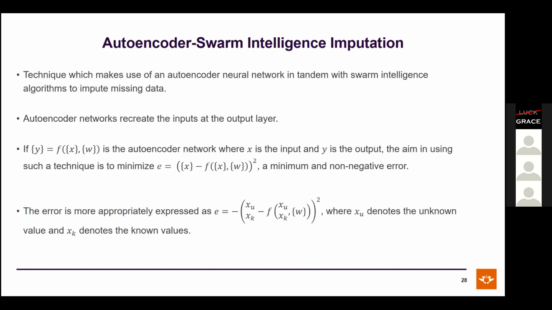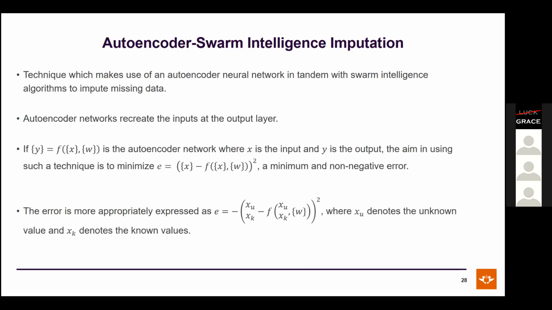So we're going to look at the final equation, the last equation, which in this case I think is more appropriate because we have XU, which are the unknown input variables, and XK, which are the known input variables.